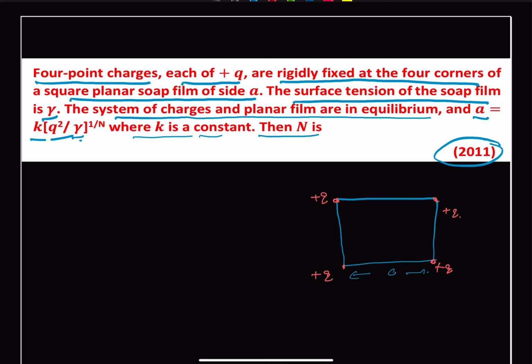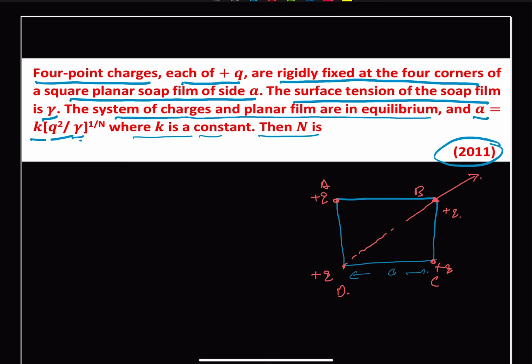So first of all, let's draw the electrostatic force at any one particular charge. So let us consider this charge. Let us call these as A, B, C and D. So force due to D at B will be in this direction.